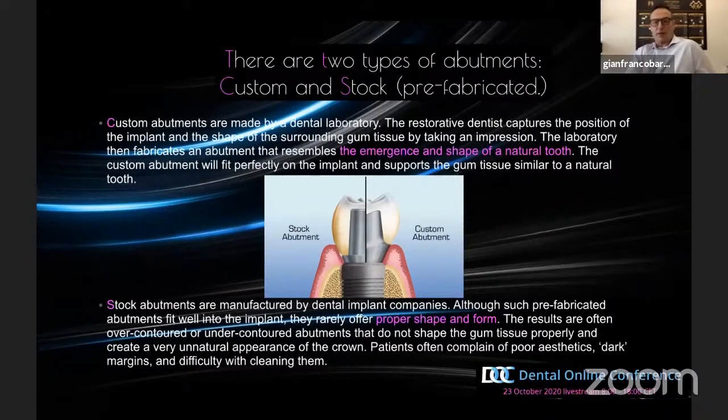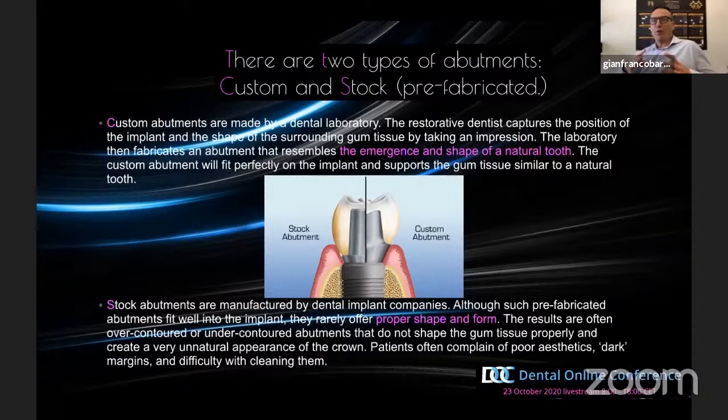In the market there are different kinds of abutment. There are the stock abutment and the custom abutment, which is the main difference. In the stock abutment, we have a shape made on the medium, and we cannot change a lot.